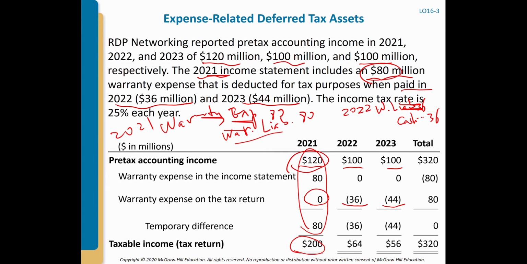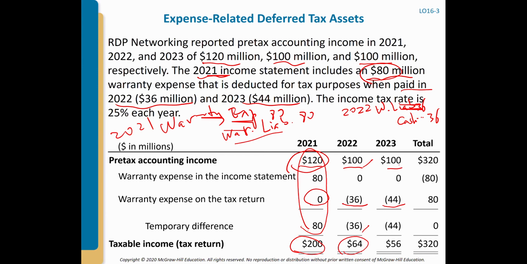How about the year 2022? For 2022, you can see we now allow tax to deduct 36. So the total difference from the 80s is now decreased by 36. Because we're allowed to deduct 36, accounting income is 100, and we deduct an additional 36, so taxable income should be 64.